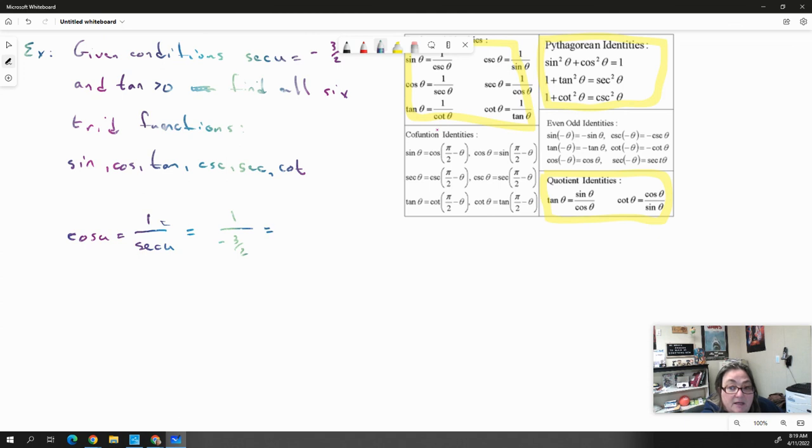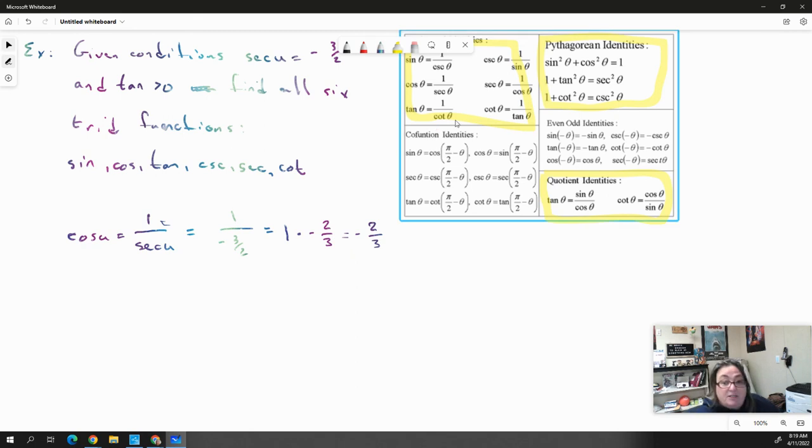right? And if I want to know what 1 over -3/2 is, I'm just going to take that 1 and multiply it by the reciprocal of this fraction, which is -2/3. And I am going to get -2/3. So what information do I have now?